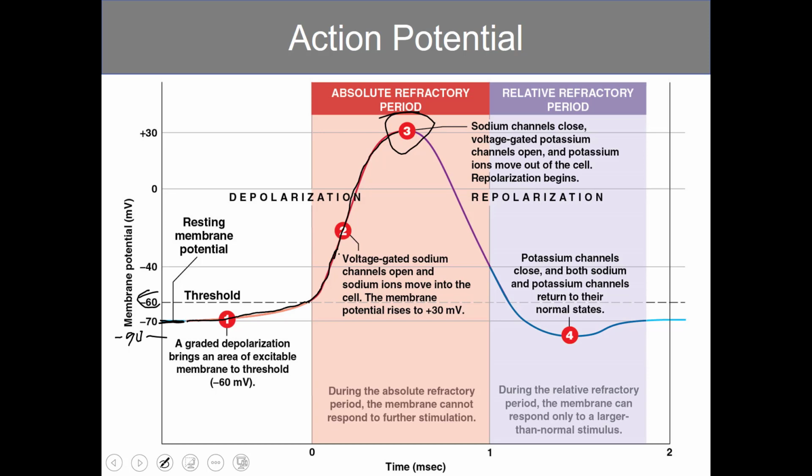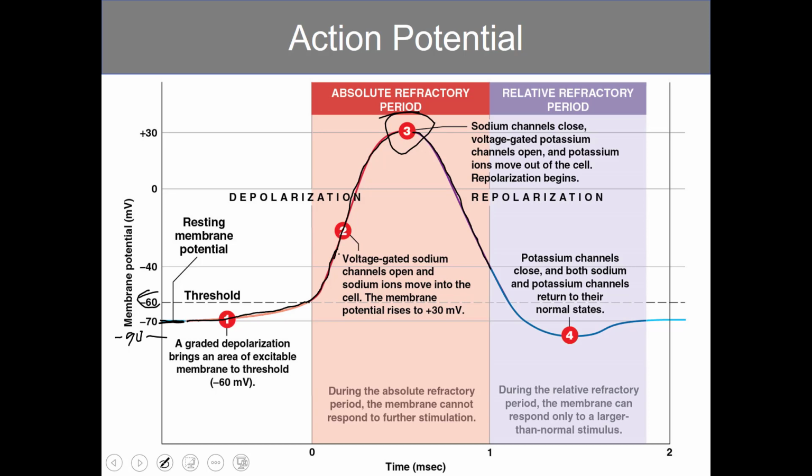As potassium floods out, we get a state of repolarization, and repolarization is going to continue until we move out of the absolute refractory period here in red and enter into the relative refractory period. Remember, during the relative refractory period, the membrane can respond if the stimulus is larger than normal.